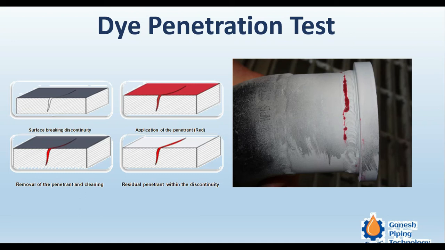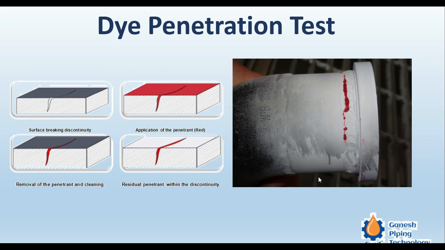As we have seen in the earlier image, there was a welded joint, and some dye, which we can see here in red color, will penetrate inside the cracks or minute holes which may not be visible when no dye is applied. Afterwards, the penetrant is completely removed by means of cleaning agents or thinners. Then the dye which has penetrated inside the cracks will appear like this, as shown in the picture here.